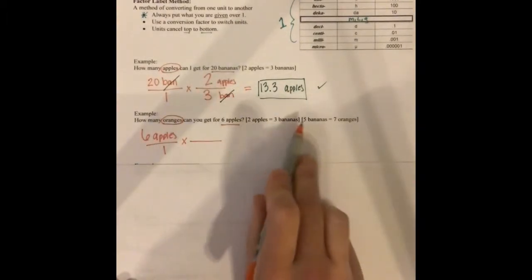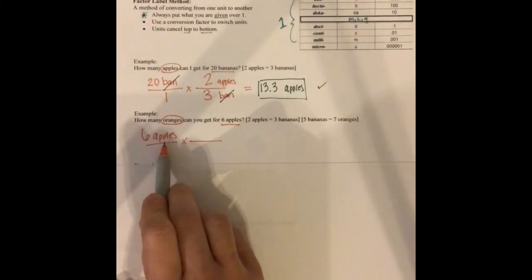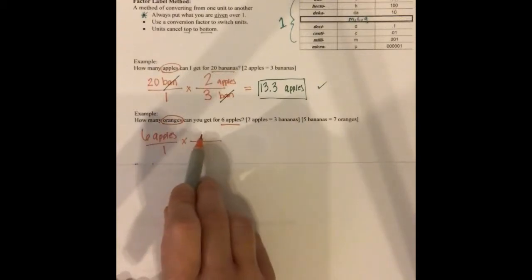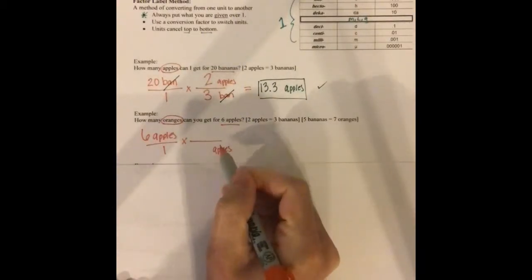Okay, you can see we have 2 conversion factors this time, so we'll probably need to use both of them. If we're starting with apples and we don't want apples, where should you put the label apples? You're going to put it in the bottom so that it cancels.